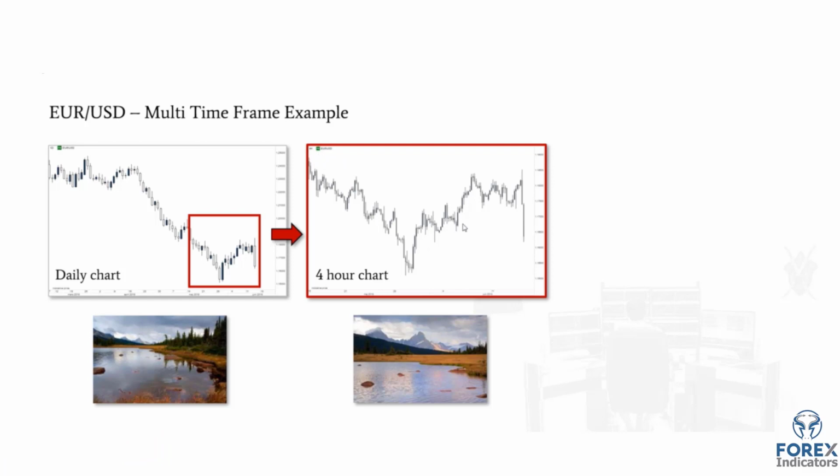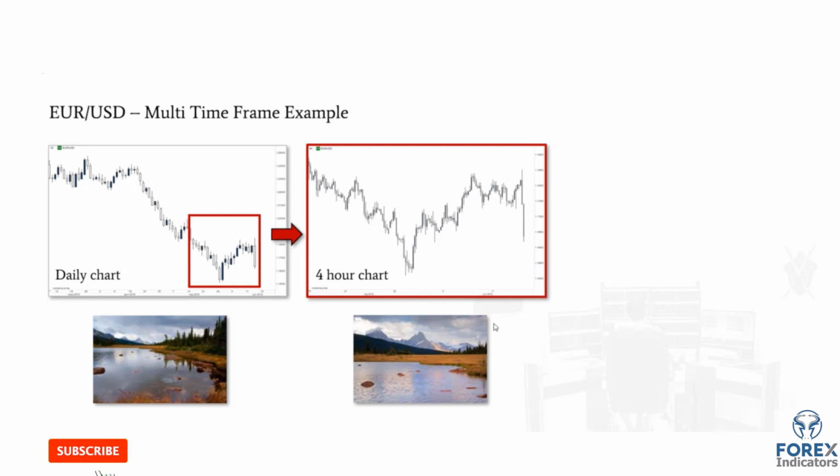And naturally, this means you have 6 candles per day. So each daily candle here is broken down into 6 individual 4-hour candles. And naturally, this shows you this section of the context in greater detail, similar to when we zoomed in on the mountain range in the photos.